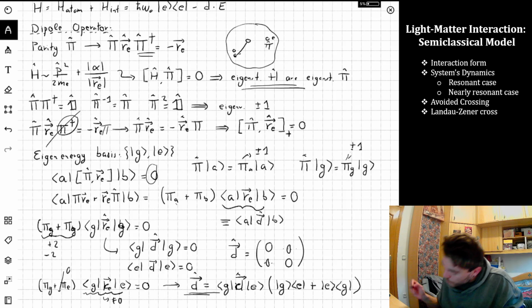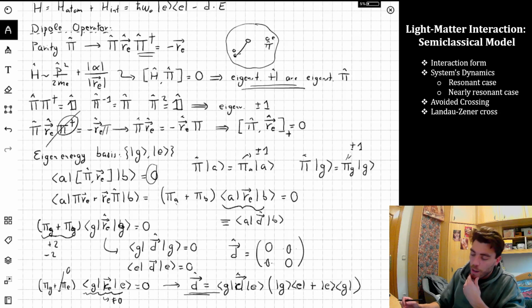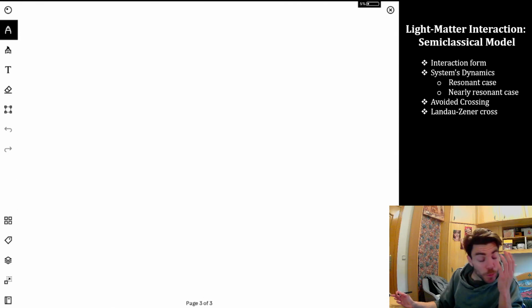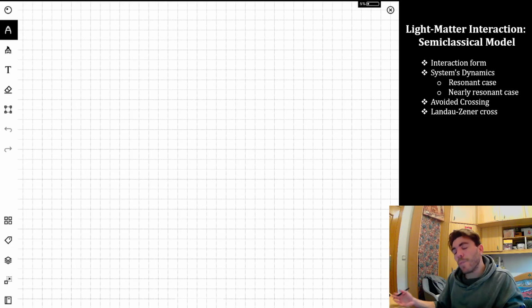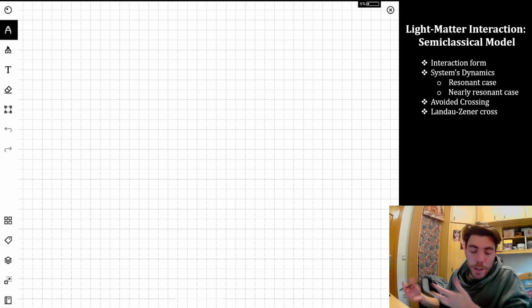But this is important because, just by symmetry considerations, we have a way of writing the dipole operator of the system, which I find very beautiful, actually, because we didn't do a lot of math. We just considered symmetries and the form of atomic Hamiltonians.